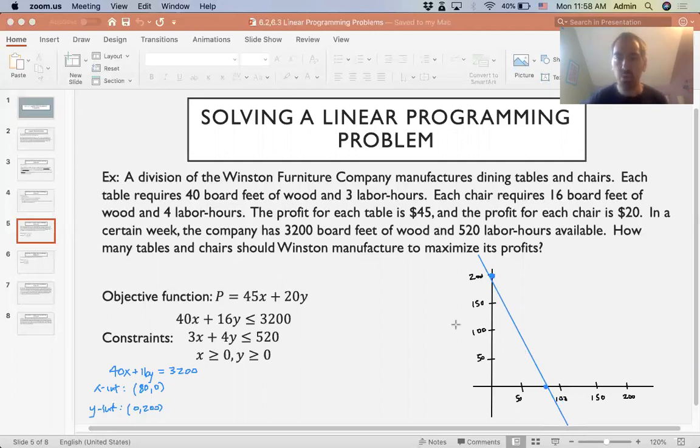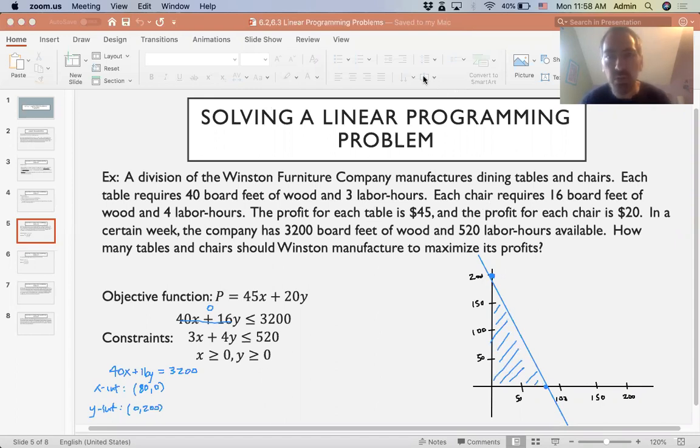Okay, and which way am I shading? Use your origin, plug into that inequality, which means that the left-hand side is just going to give us 0, and we're just saying, is that a true statement or not? 0 is less than 3,200, so we will shade on the same side as that origin.